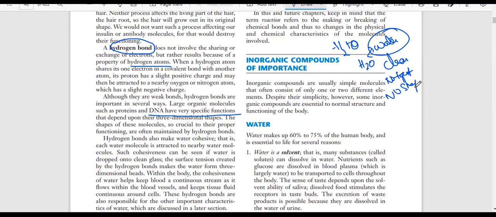Why is this happening? This is the question we have to ask. Because it is three-dimensional due to the involvement of hydrogen. So there is no color, there is no shape, it is very clear.